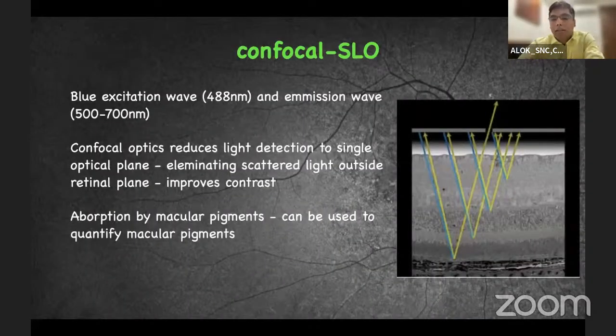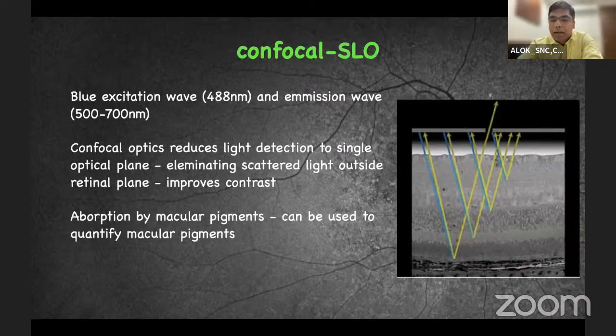Now, the other method of bypassing or reducing the impedance by the lens is using a confocal technology. Here, the confocal optics, which uses a pinhole, reduces light detection to a single optical point and eliminates the scatter.